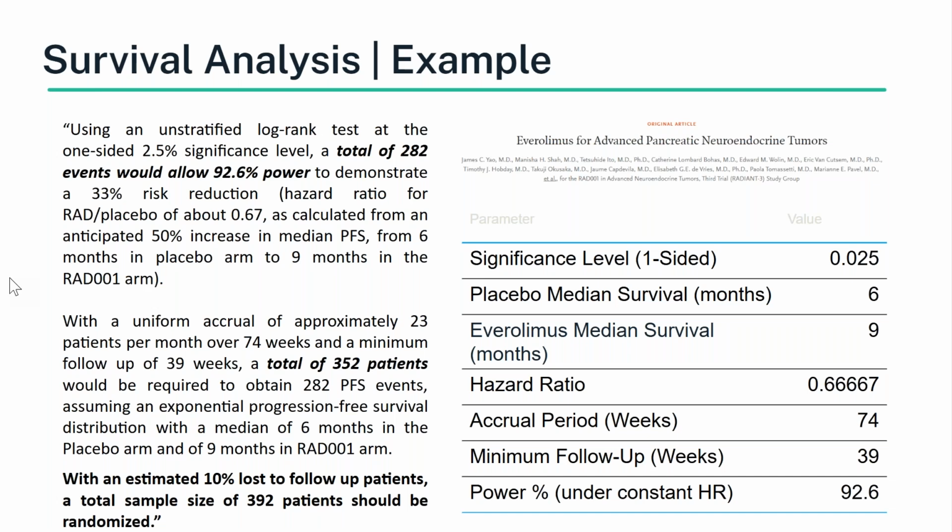We assume an exponential survival distribution, and from that we can calculate the number of patients we'd need, which in this case is 352. They also account for a small bit of dropout, so they account for 10% loss.